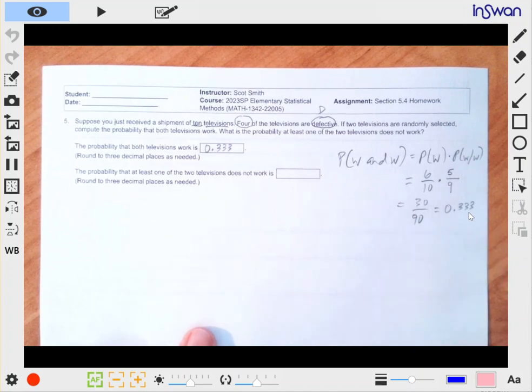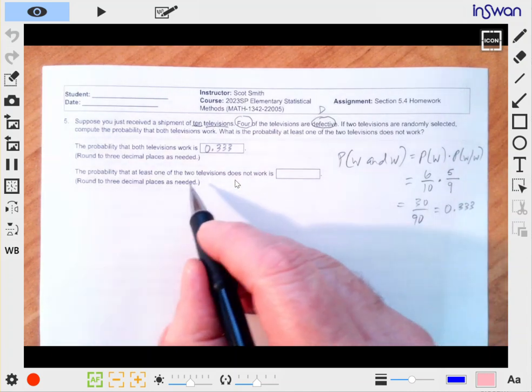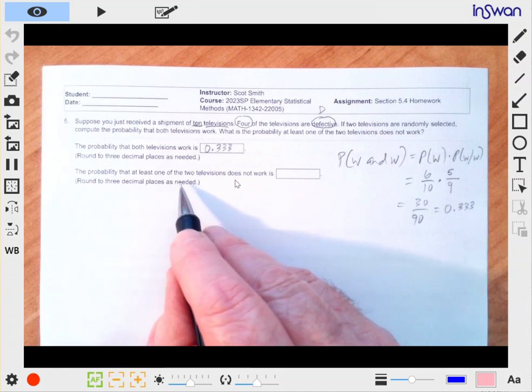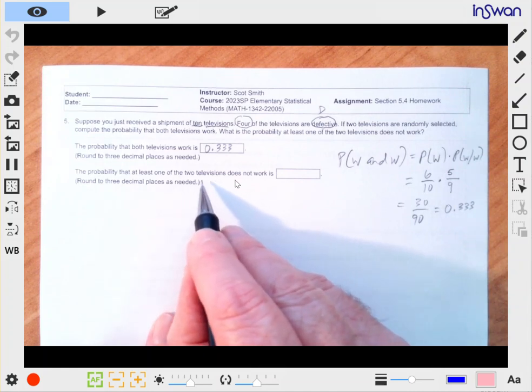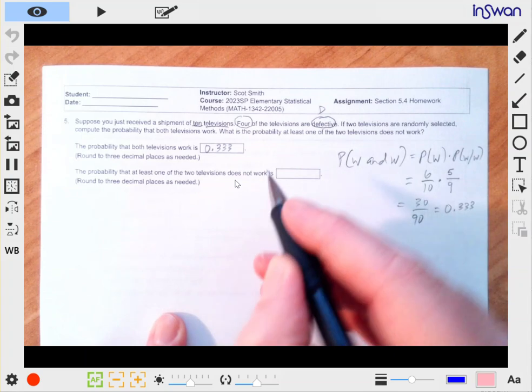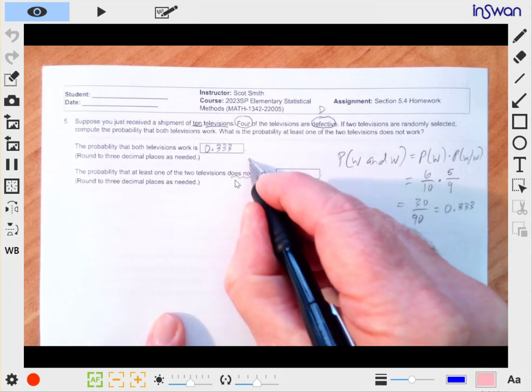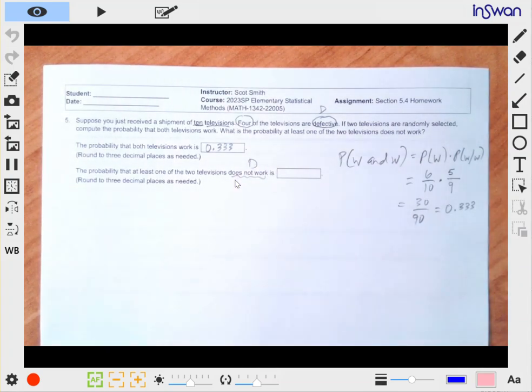So next, it says the probability that at least one of the 2 TVs does not work, or the probability that at least one of the 2 televisions is defective. So I'm going to use D for defective there.